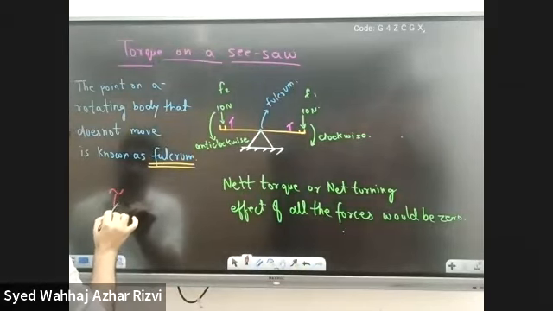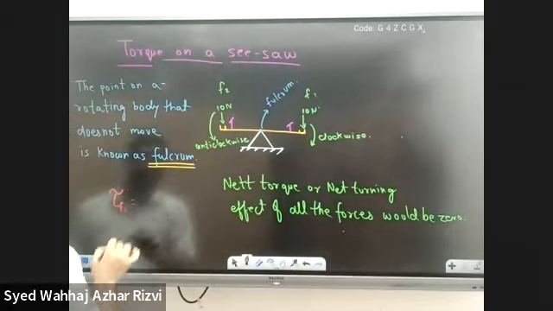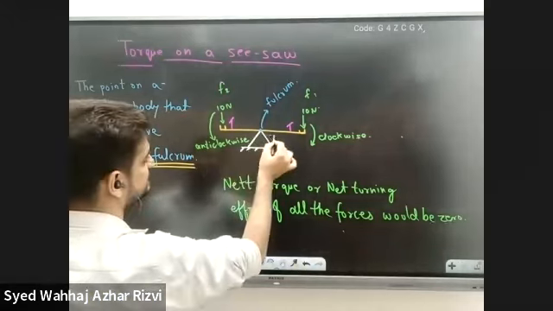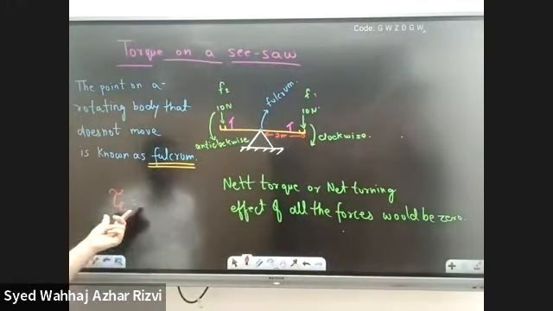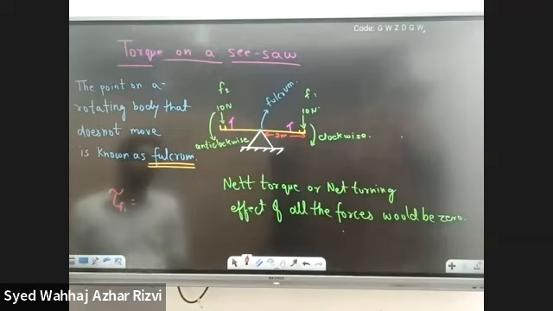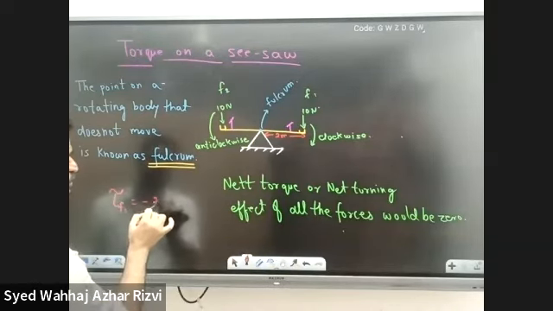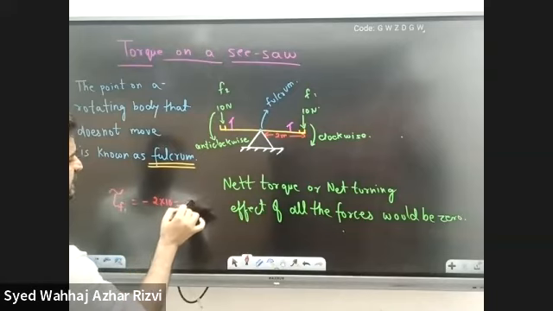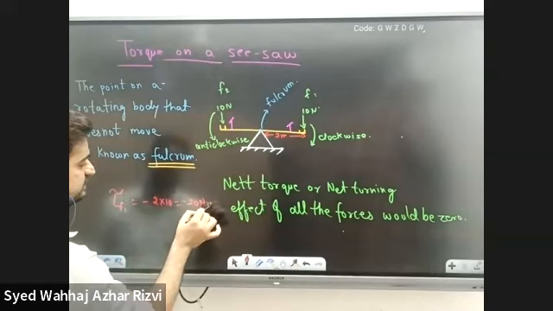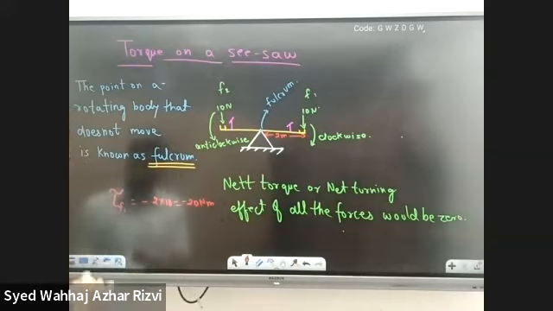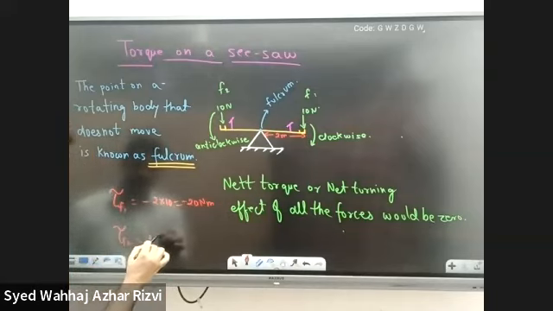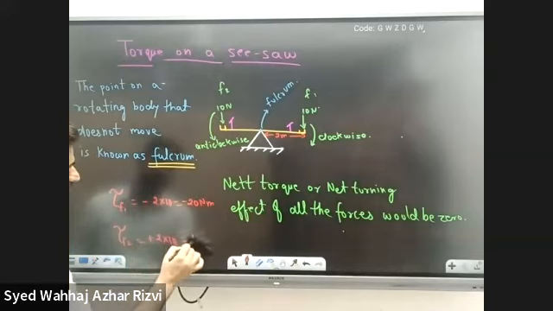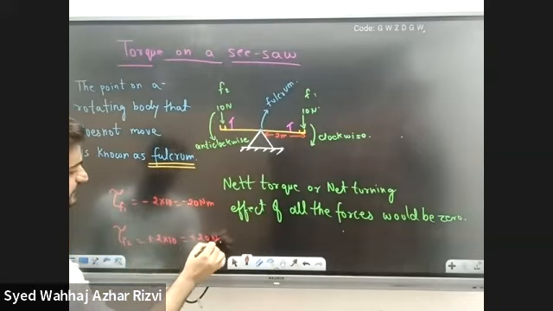So we can say the turning effect, torque tau due to F1, is how much? Let's say the distance is 2 meters. How much would tau F1 be? It would be negative 2 into 10, minus 20 Newton meter. And what would be the torque due to F2? It would be positive 2 into 10, plus 20 Newton meter.